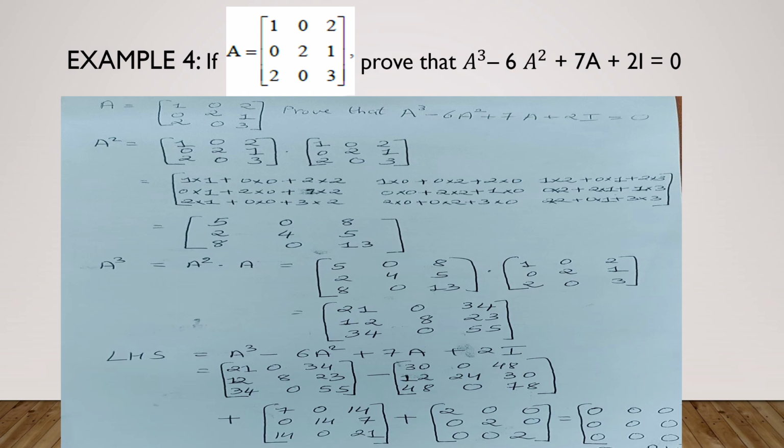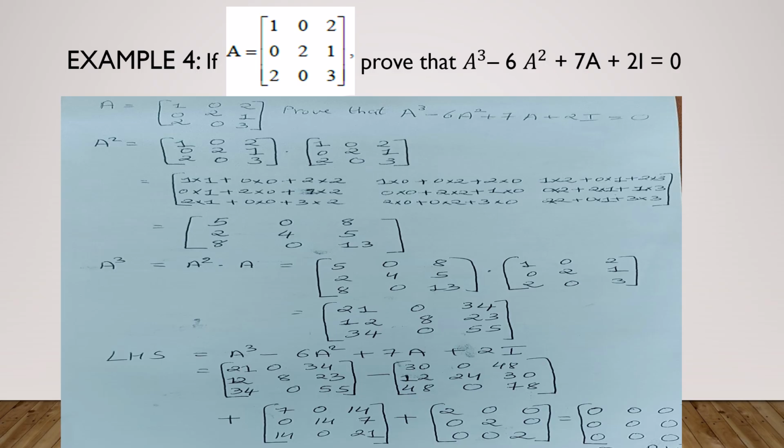Now you want the element a12, meaning the first row, second column element of A square. So you take the first row of the first matrix and the second column of the second matrix. Correct? So it is 1 into 0 plus 0 into 2 plus 2 into 0.